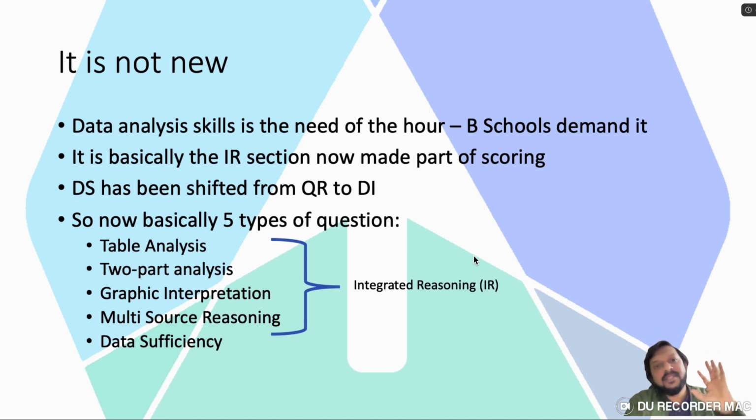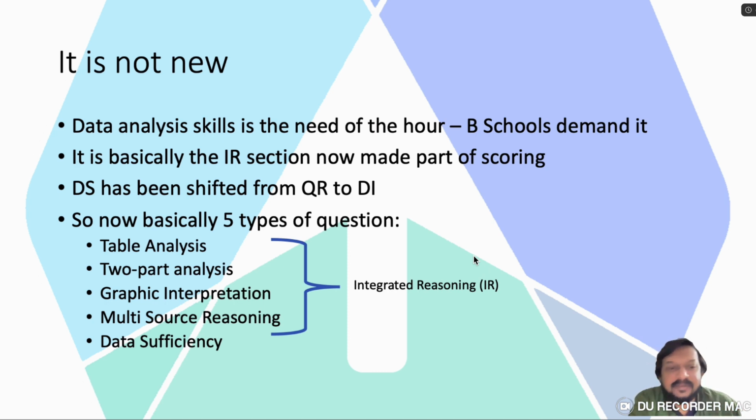Apart from that, the quantitative reasoning section has now been made exclusively a problem solving section, and the data sufficiency questions that used to be an integral part of the quantitative reasoning section have now been made a part of the data insight section. So practically there are now 5 types of questions in the data insight section.